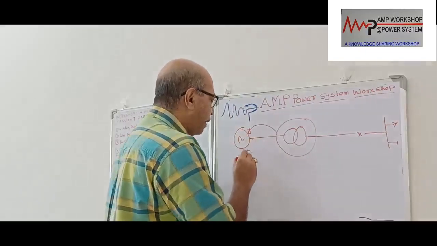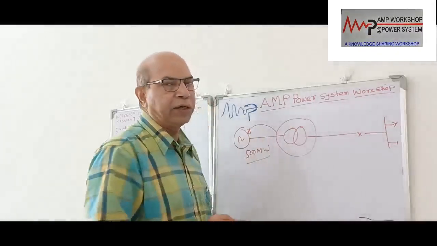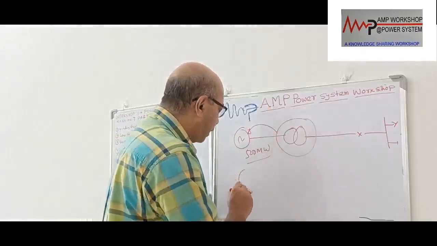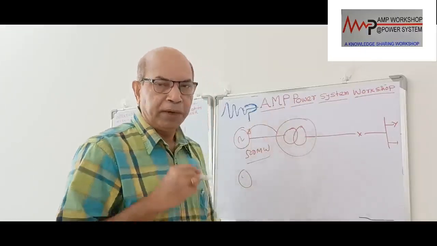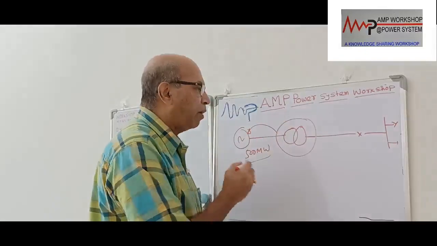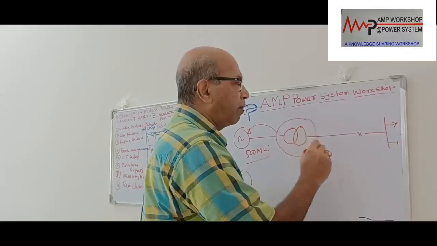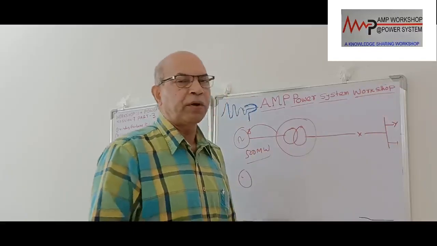If the generator is a 500 megawatt generator and suddenly it gets disturbed or goes out of service, then multiple generators are connected in this way. The system may become unstable and maybe the entire power plant gets tripped. Or due to this sudden transformer problem or failure, it may cause an outgoing system problem as well.